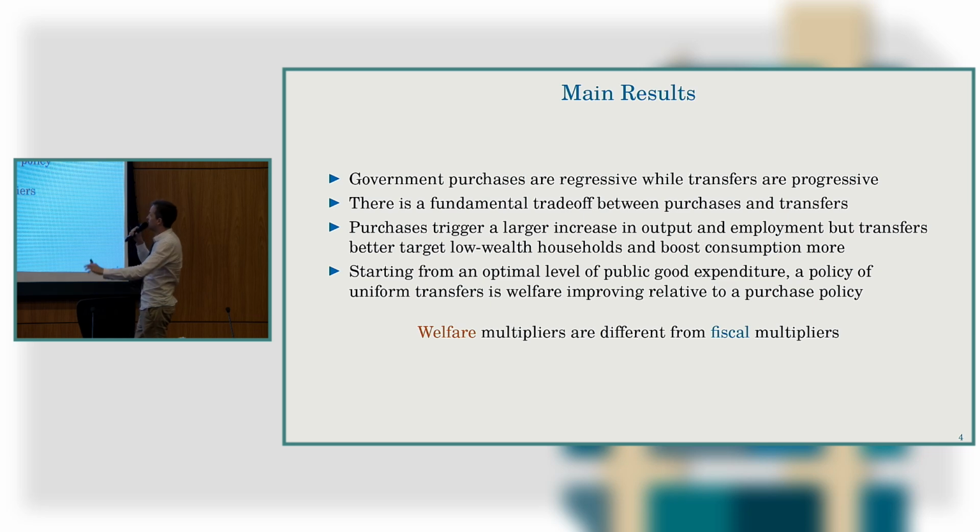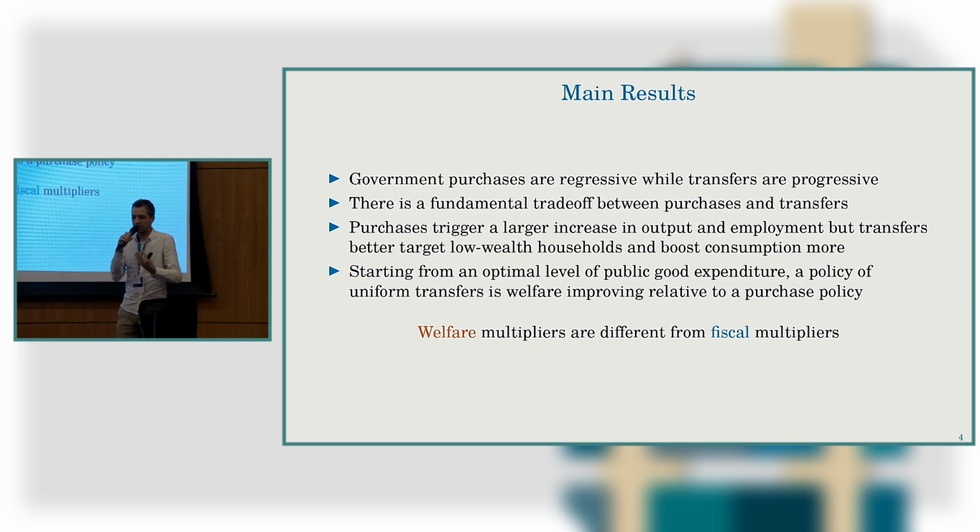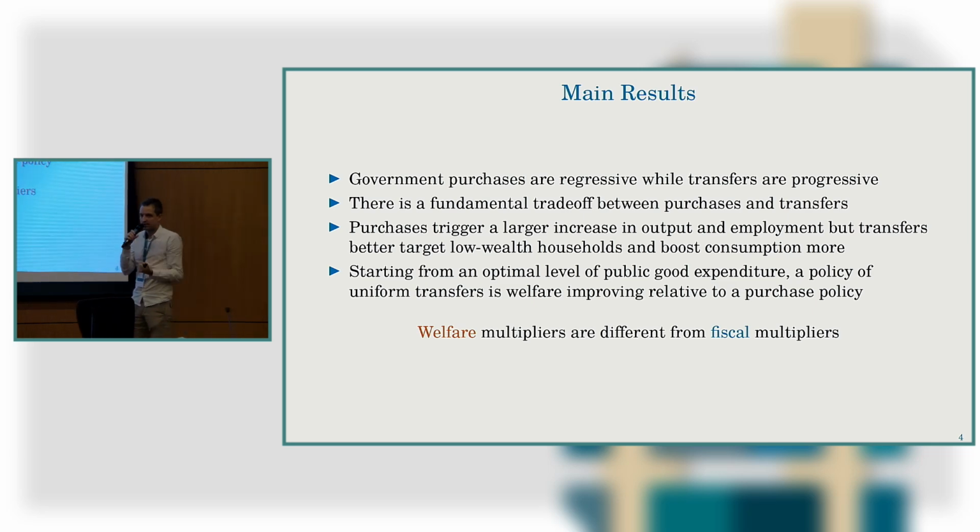And then on the theory side, we actually uncover a trade-off between purchase and transfer policies. Basically, purchases enter GDP directly, so they increase output one for one, but then there's a multiplier. So they typically raise output and employment more than transfers, which can be saved.